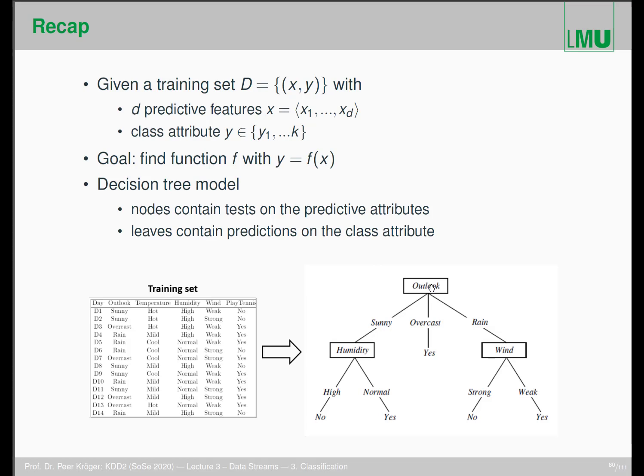And depending on the outcome of this test, we will follow different subtrees. And in the end, we will reach a leaf of the tree, and in the leaf we will find, as pure classes or as majority decisions, some decision for a specific class.